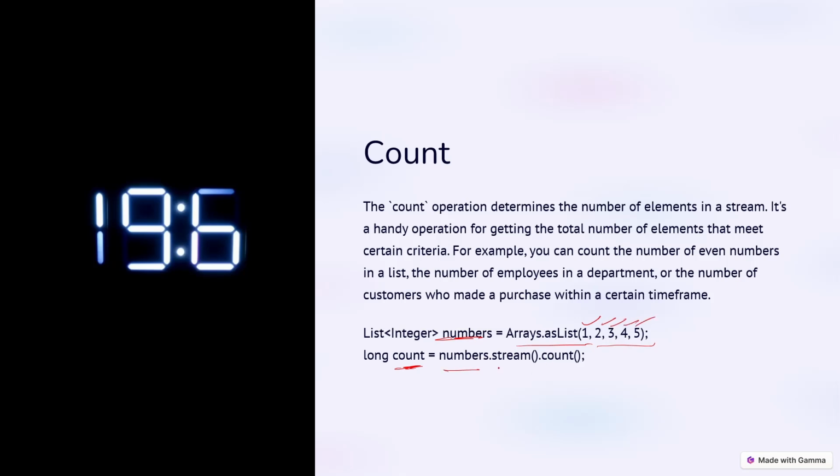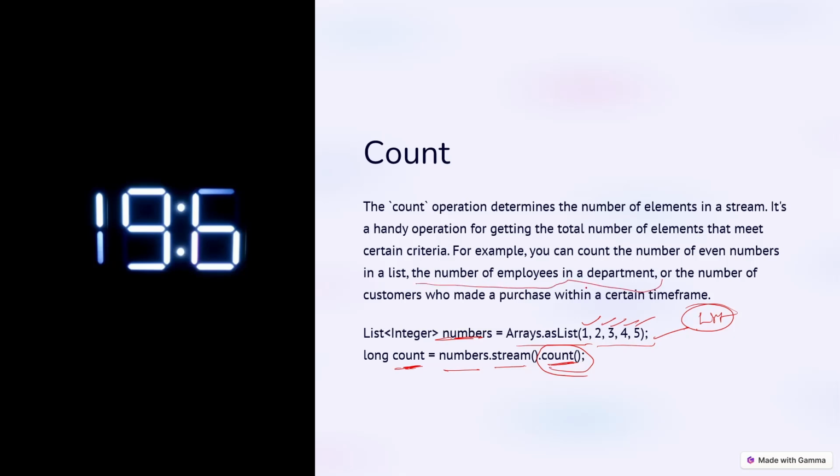So numbers dot stream. By using the count we will get how many elements are present in a list. Okay, so by using this we will get that. Let's say, for example, in a real-time scenario, we have a number of employees in a department.